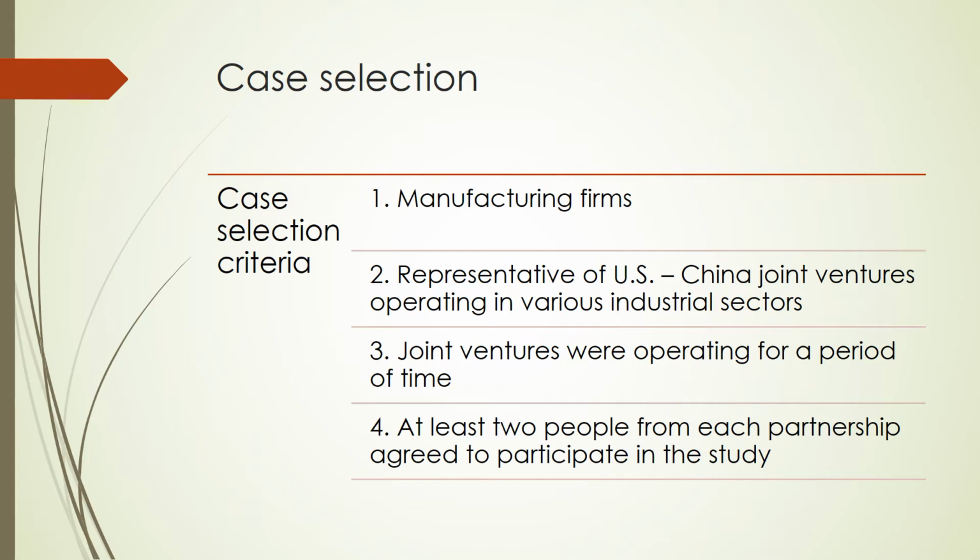In case selection, they selected manufacturing firms, and those firms were representative of US-China joint ventures operating in various industrial sectors. Third, the joint ventures have been in operation for a period of time. Fourth, at least 2 people from such joint ventures agreed to take part in the study.